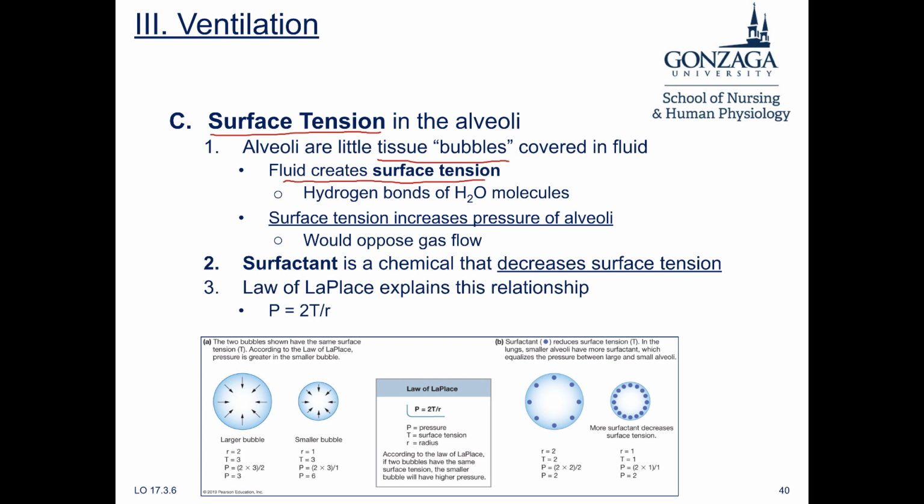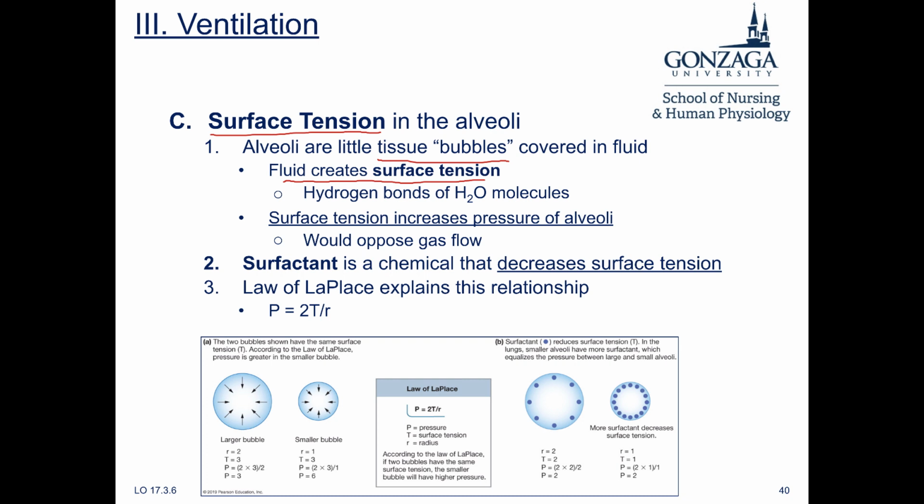You can think about this like a pool or a lake or river. At the top of the water, you have surface tension. Surface tension is when water is stretched across a surface. Because of the hydrogen bonding, you create surface tension.